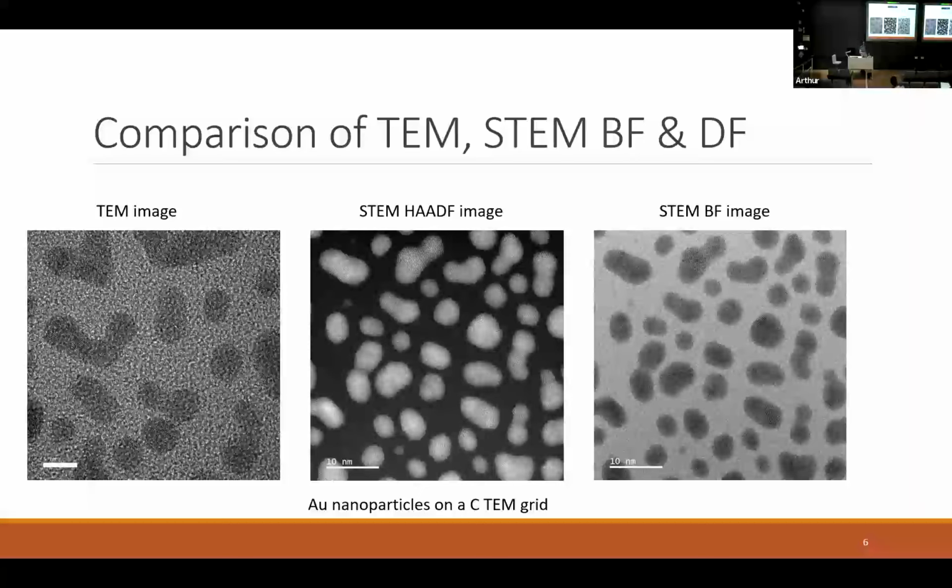What we can also do is look at elastically scattered electrons at high angle, and that gives us an image which looks inverted. That's because gold is a stronger scatterer than carbon, so we get more signal when we're on the gold nanoparticle than when we're on the carbon. Conversely, in the bright field image, when we're on the particle, we get less beam transmitted straight through the sample than we do in a thin sample like carbon.